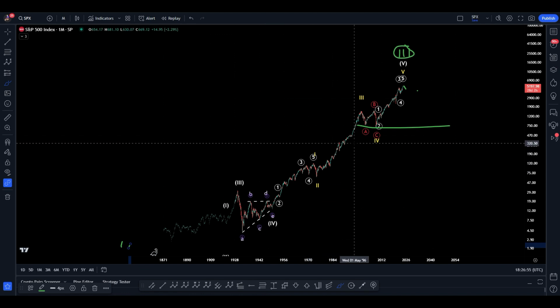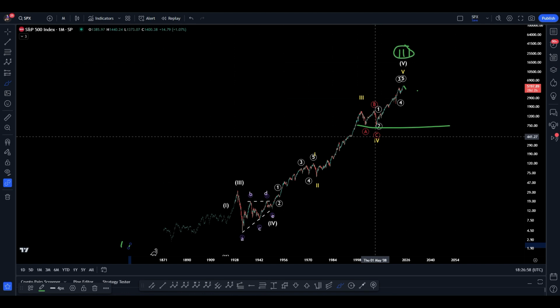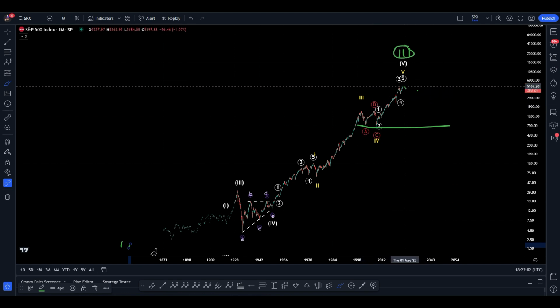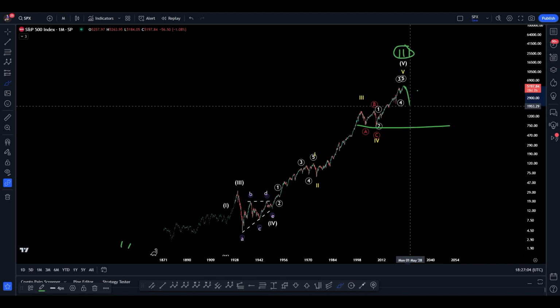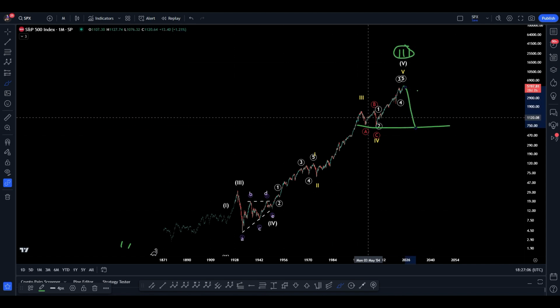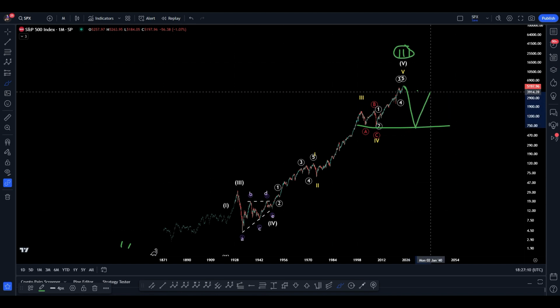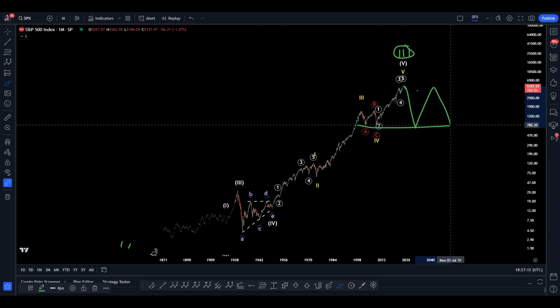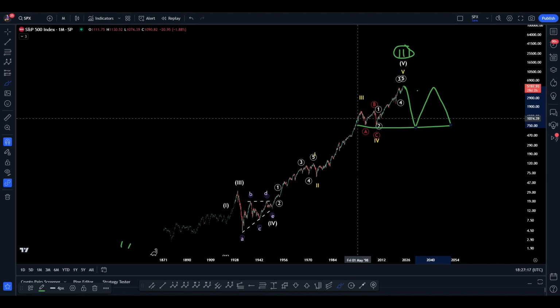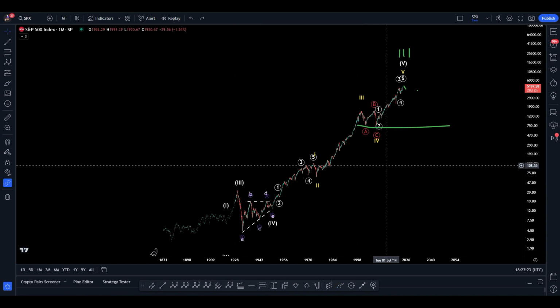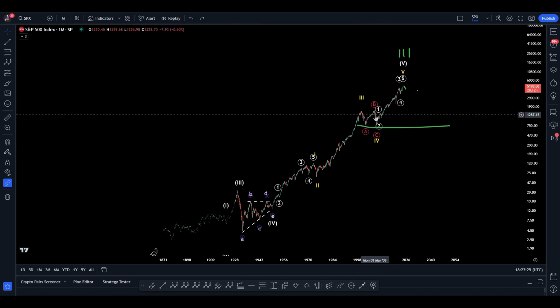You can get a flat, a regular flat, as this one was a flat. This was an expanded flat here. But a regular flat would look something like this, taking a long time to develop. You probably would not get an expanded flat because you got an expanded flat here. So where you're correcting to likely wouldn't be the same pattern as what you're making.